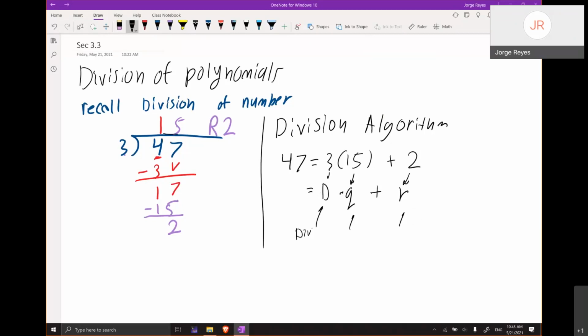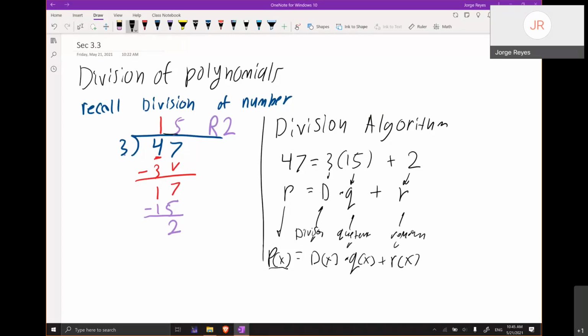Now I'm just going to go directly and say, look, it's the same thing. If I have a polynomial, it would be a dividend polynomial with a divisor polynomial, a quotient polynomial, and a remainder polynomial. So it's literally the same formula, just with x.